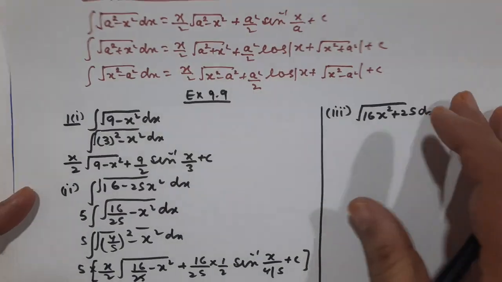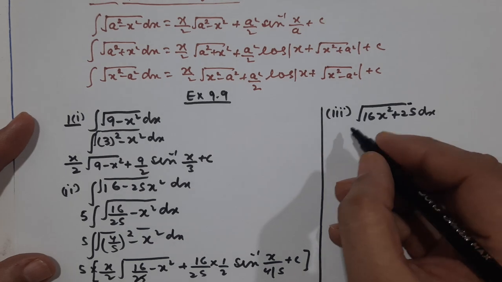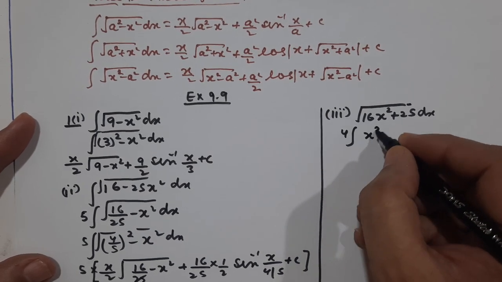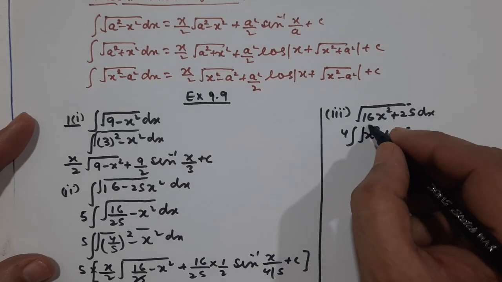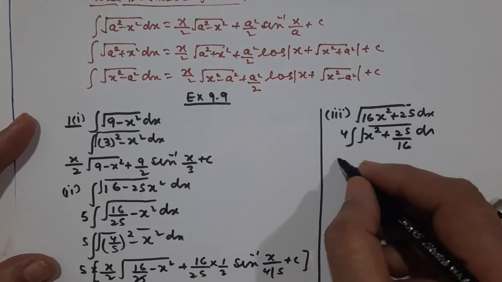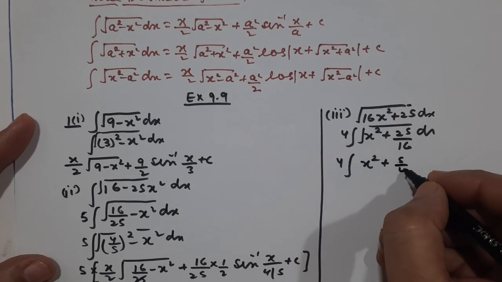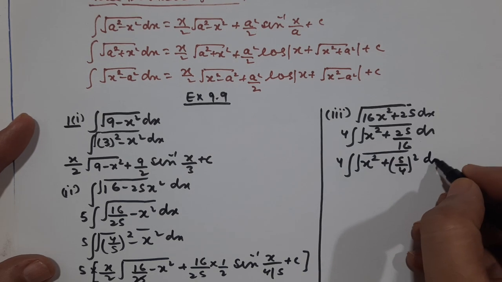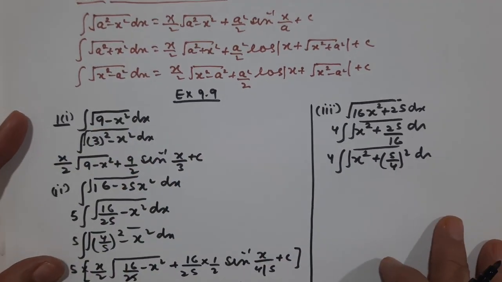Now the third part. Taking common 16, because here the coefficient of x square is not 1, we get x square plus 25 by 16 under the root and dx. So what we get now? We can write x square plus 5 upon 4 whole square dx. Now this is the second type, under root a square plus x square.